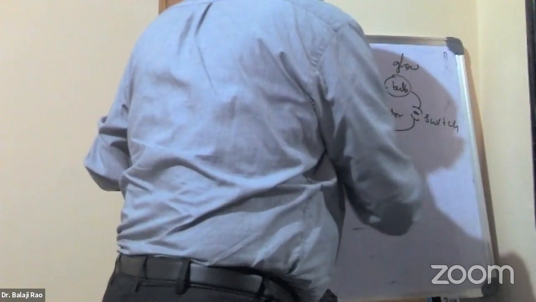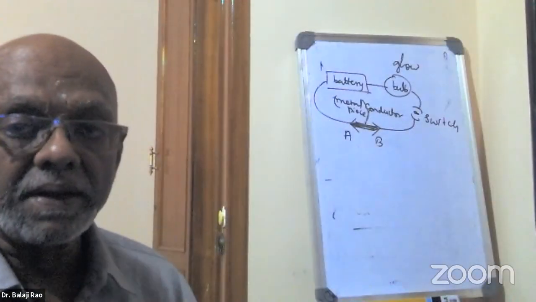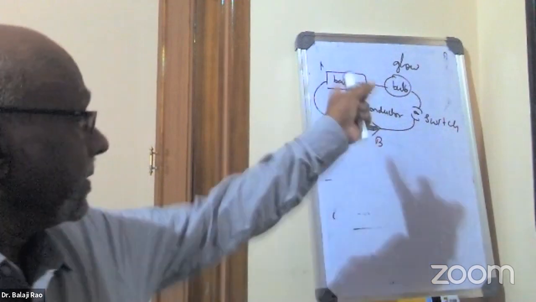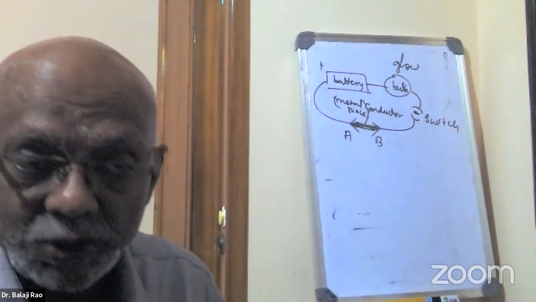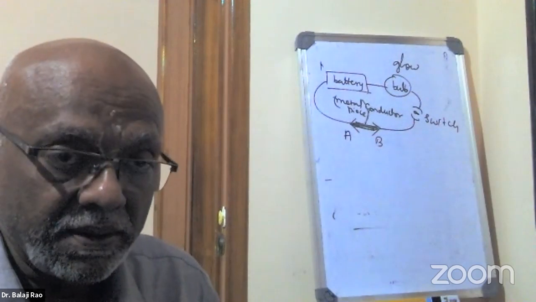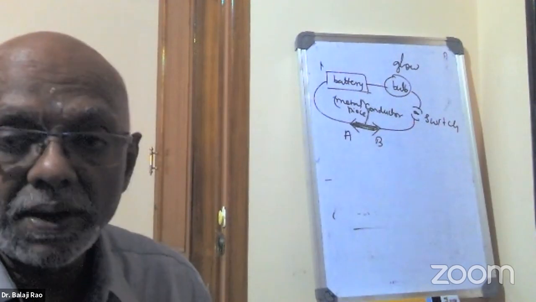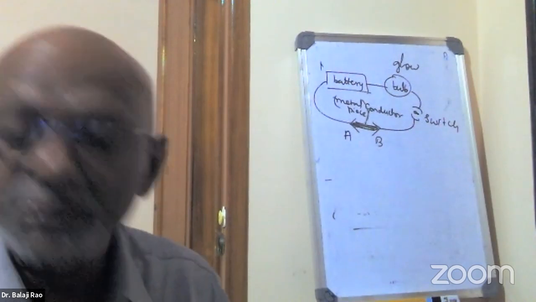Suddenly you find that the bulb begins to glow. So when these two are connected by means of a metal, the metal helps in conducting the current so that the bulb begins to glow. This shows that metals do conduct electricity as well.